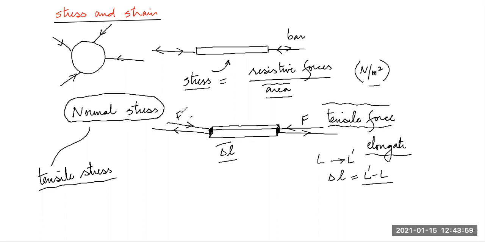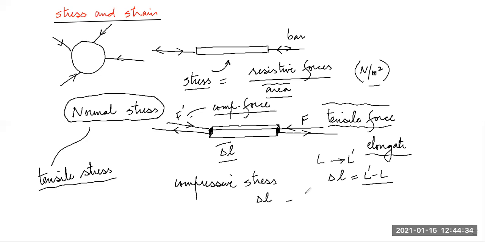So now F dash is a compressive force, and under the effect of compressive force, the internal resistive forces set up in the body per unit area, the stresses induced in the body, are known as compressive stress. In case of compressive stress, delta L will be negative.